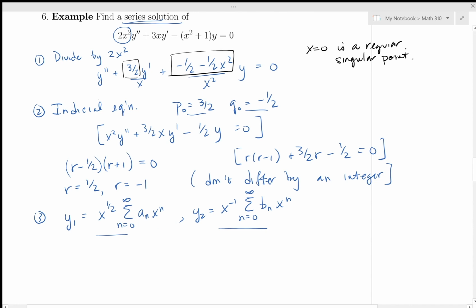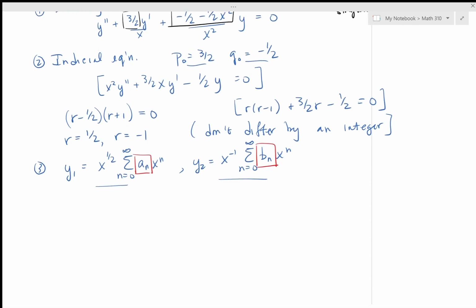Our goal is to figure out what all the a_n's and b_n's are, because once we've established those values, that defines exactly which Frobenius series we have, and that tells us what function we are looking at for the solution to our differential equation.